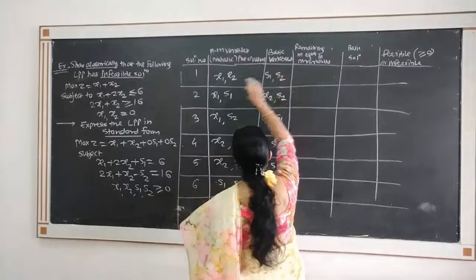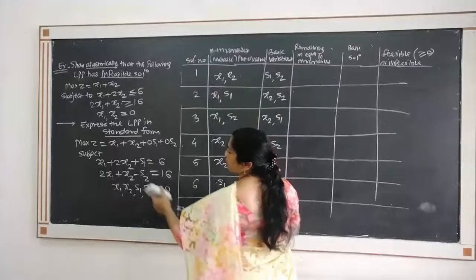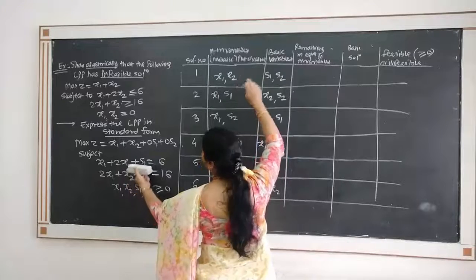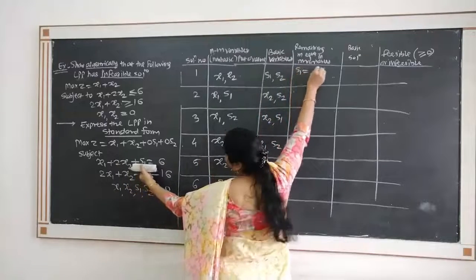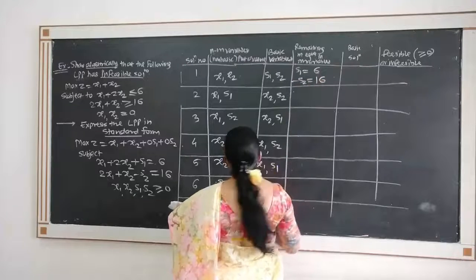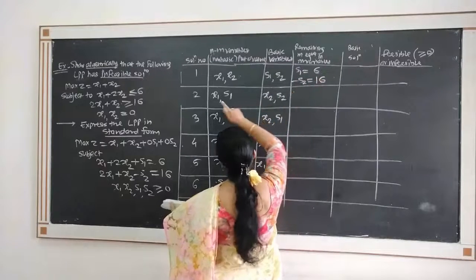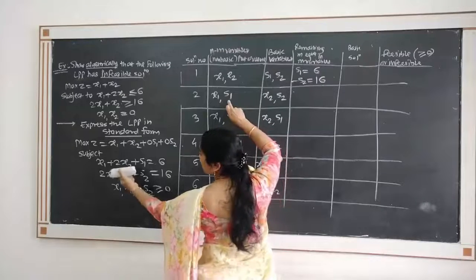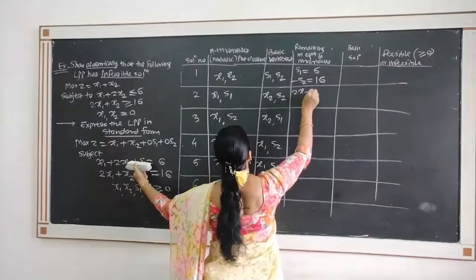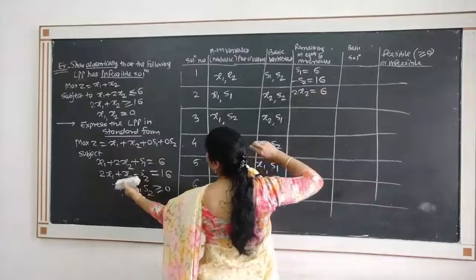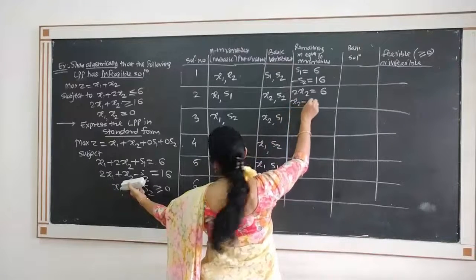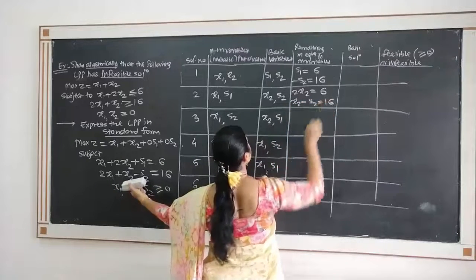Now write down the remaining equations by substituting these zeros. By putting x1, x2 equal to 0, what remains? s1 is equal to 6 and minus s2 is equal to 16. Now see the second. Putting x1 equal to 0 and s1 equal to 0, we get 2x2 is equal to 6, and in the other equation x1 is 0, so we get x2 minus s2 is equal to 16.